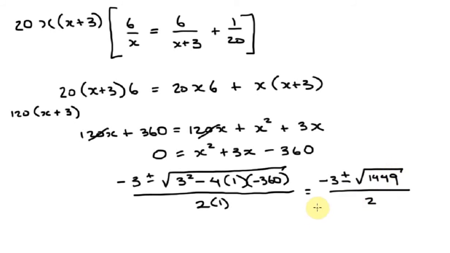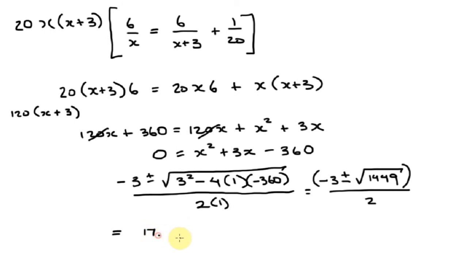Okay, and you can see this is going to give us some answers, but I'm going to turn them into decimals so I can see what these answers are. Just remember to make sure you do all the stuff on the top before you hit divide by 2. So you got to make sure it's negative 3 plus the square root of 1449. Calculate that number and then divide by 2.